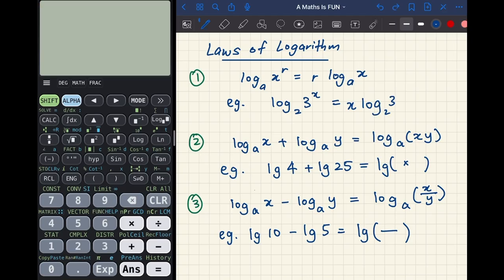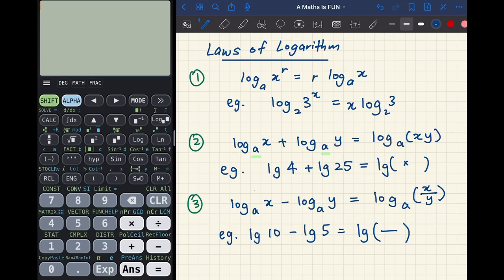In the second law, we have the product law, which gives us a way to combine two log terms of the same base into one single log term of that base. For example, we have log x base a plus log y base a. Since both are of the same base, and this is important, we can combine them into one single log base a term: log of x times y base a.